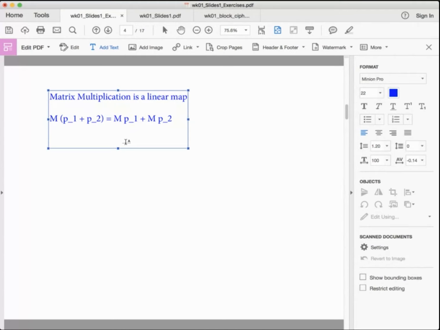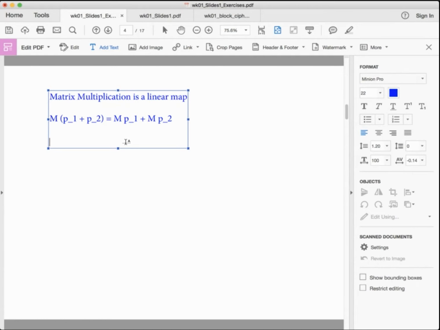That's the meaning of linear, right? The output of the sum, the function applied to the sum of input points, is the sum of the individual functions, the individual points being applied the same function. We can use this and we can actually crack this cipher much more quickly.